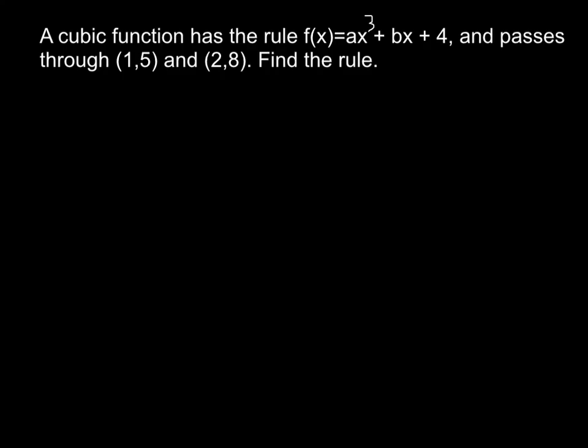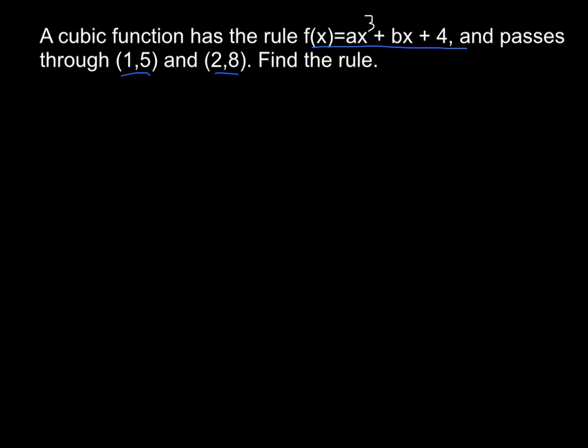A cubic function has the rule f(x) equals ax³ + bx + 4, and it passes through the points (1, 5) and (2, 8). Find the rule. What we need to do is substitute both of these points into the function. We'll end up with two equations which we will solve simultaneously.